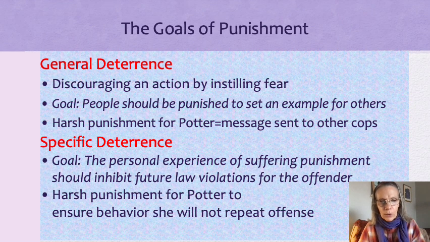Now, probably the goal for Kim Potter is not going to be specific deterrence, because she will never be in law enforcement again, so she wouldn't be able to repeat this kind of offense. Although maybe it could encourage her not to engage in negligent behavior in the future, she really hadn't engaged in that kind of negligent behavior in the past. But still, specific deterrence as a goal of punishment is basically making the punishment harsh so that the offender does not reoffend.